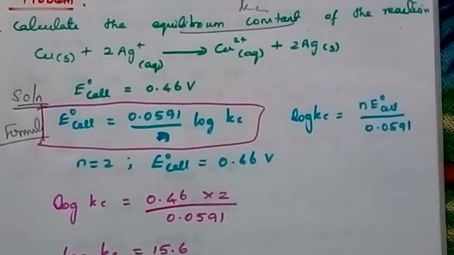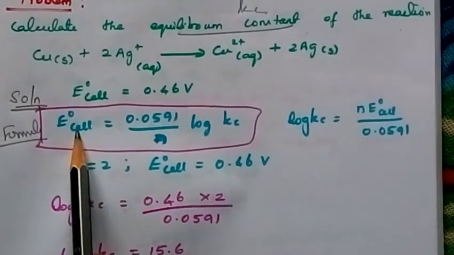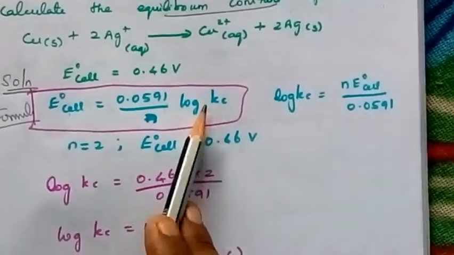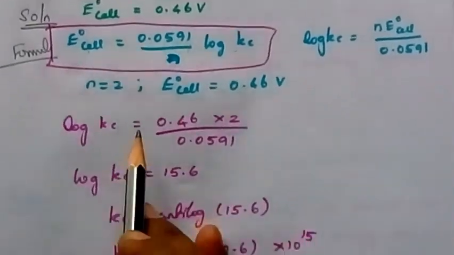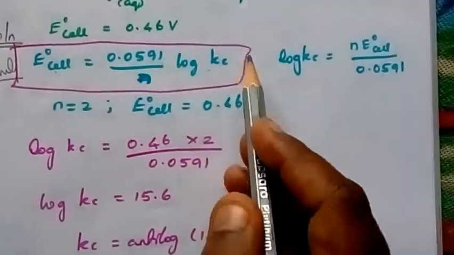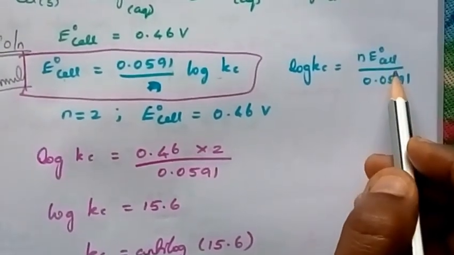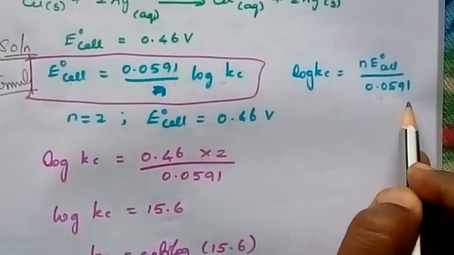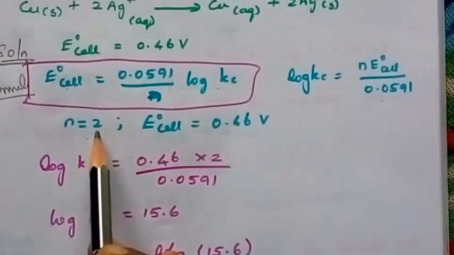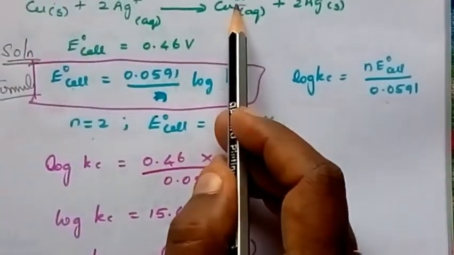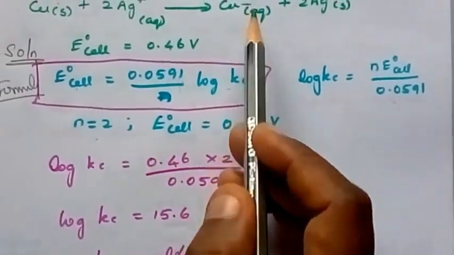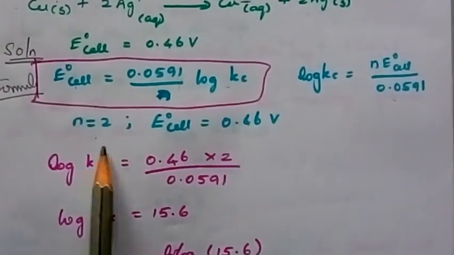We know the formula: log Kc is equal to N E naught of the cell by 0.0591. N value we know. How many electrons are transferred? Cu is converted to Cu2+, so 2 electrons are transferred. So N is equal to 2.